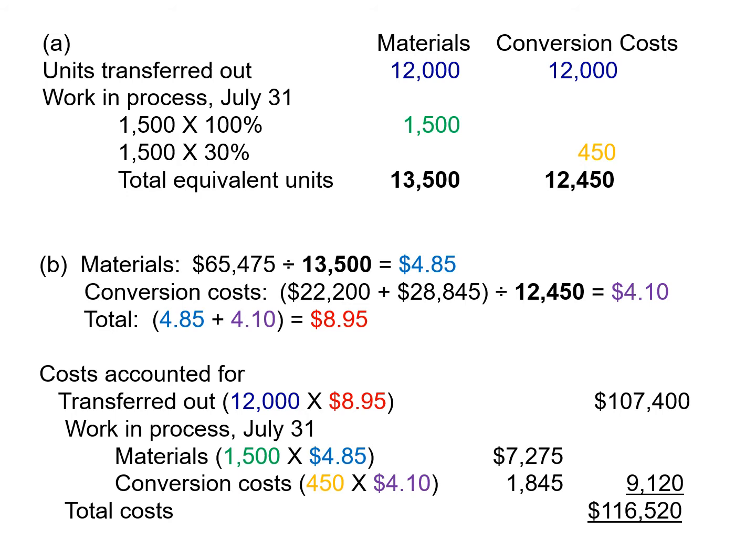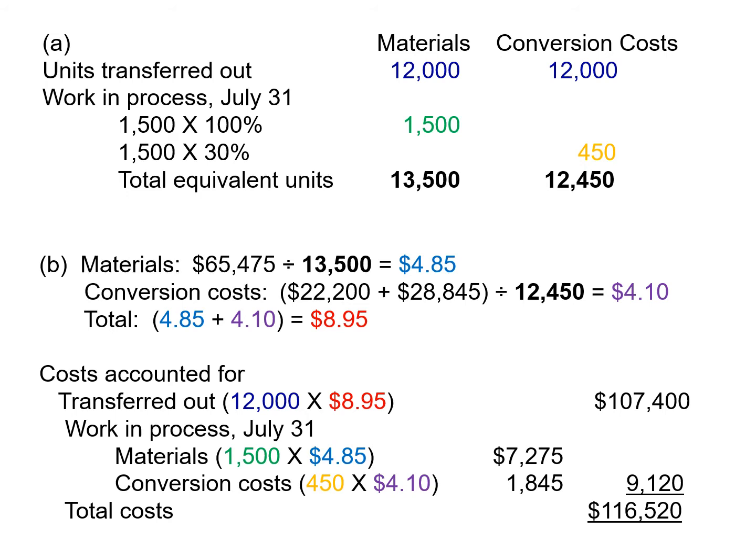If we take a look at our materials, again, we know that we had 1,500 equivalent units for our materials in the ending work in process. We simply multiply that by the material cost per unit of $4.85 to arrive at $7,275. That's the materials cost we want to allocate to our work in process inventory. We're going to do a similar calculation for our conversion cost. We know that the work in process equivalent units was 450. We also know that the conversion cost per unit was $4.10.